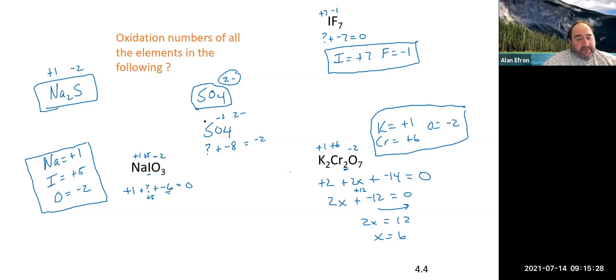That means the sulfur is actually carrying a plus 6 oxidation state, not really charge, plus 6 oxidation state. Again, plus 6 and minus 8 gives you the minus 2 left over, which is the charge on this polyatomic ion. So what is the difference between these two?